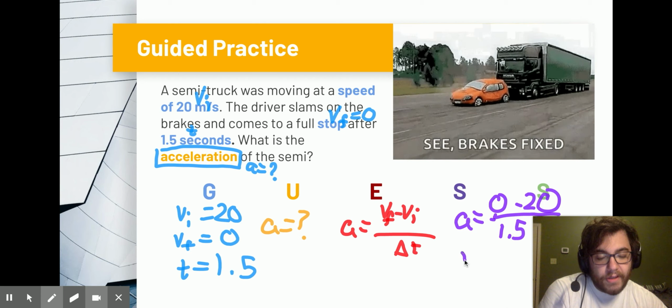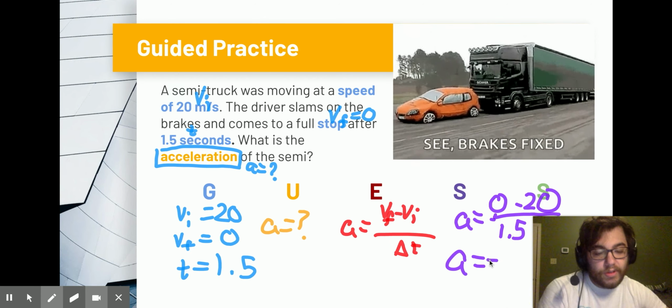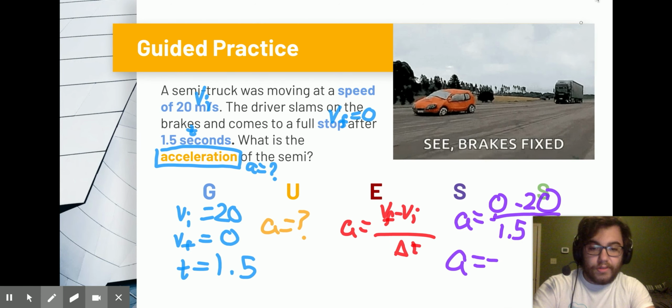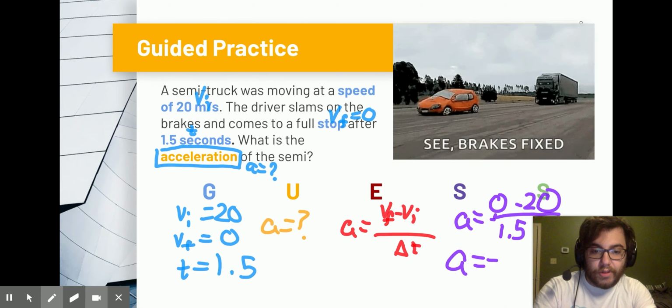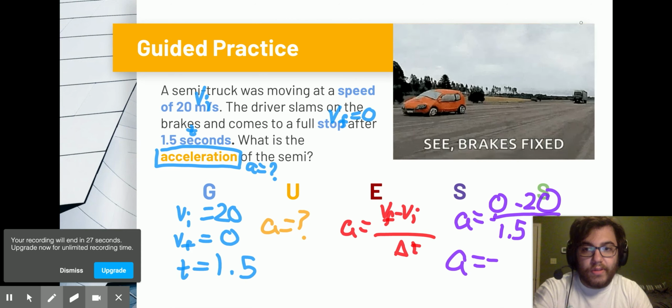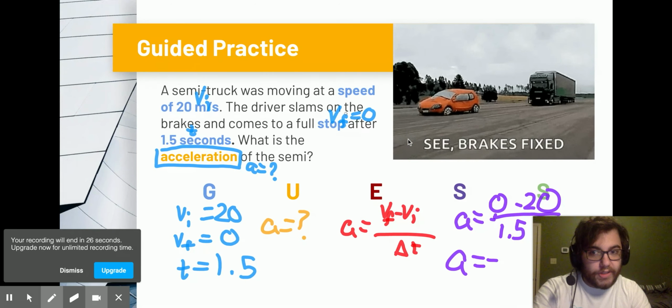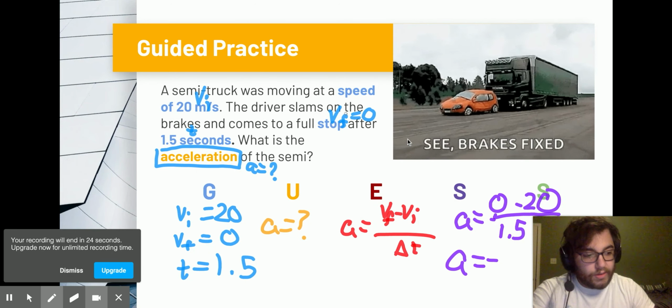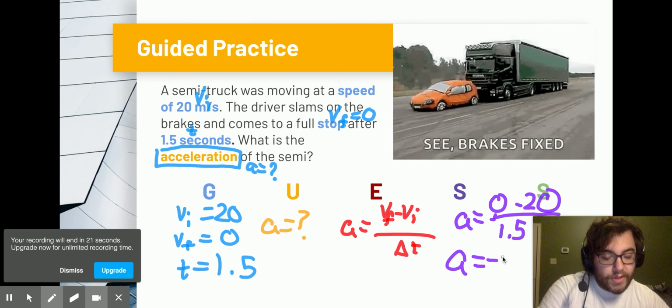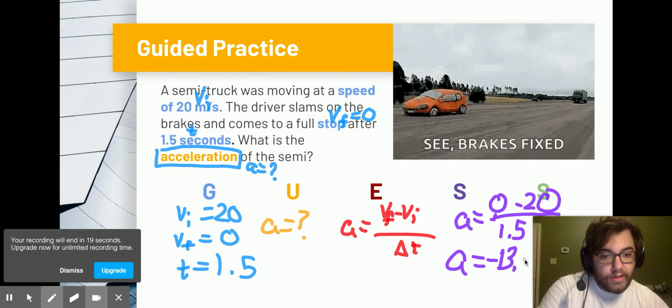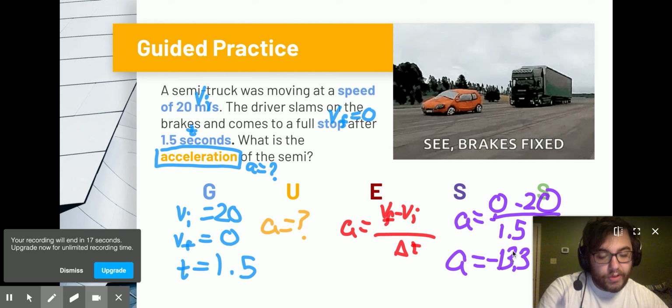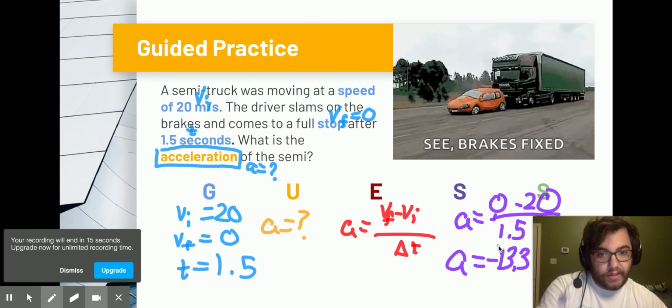So our acceleration is in fact negative, and to give you an answer, it is minus 20 divided by 1.5, negative 13.3. So acceleration can be a negative value, which we will go over in just a second.